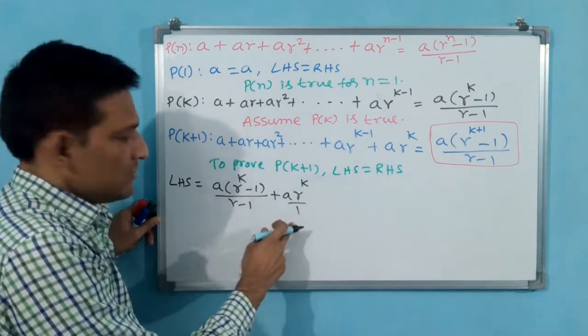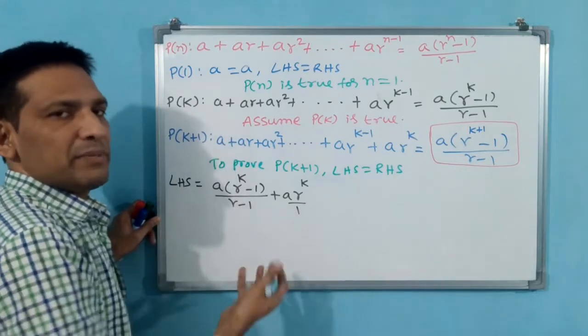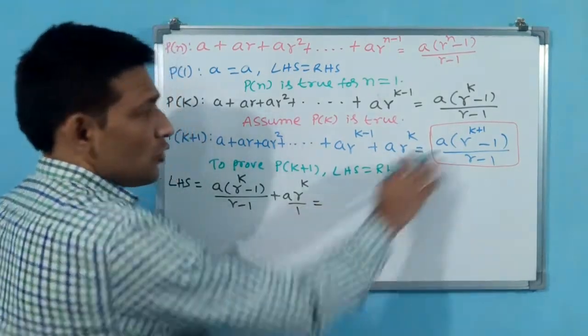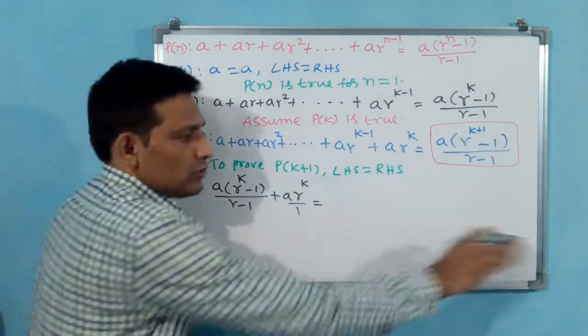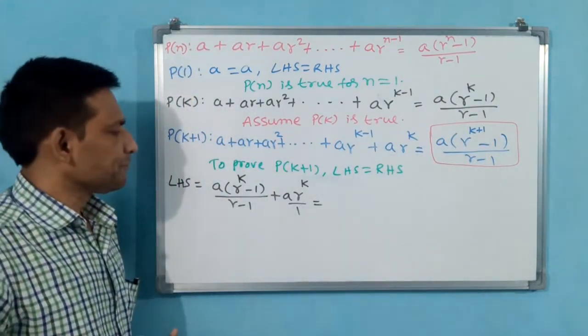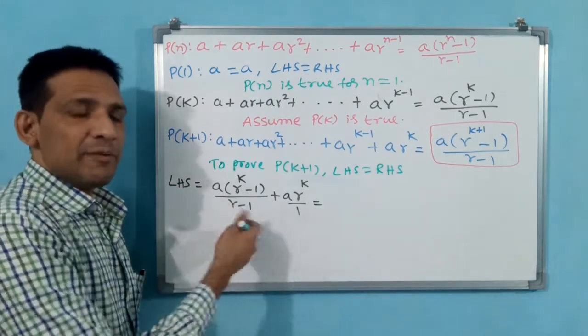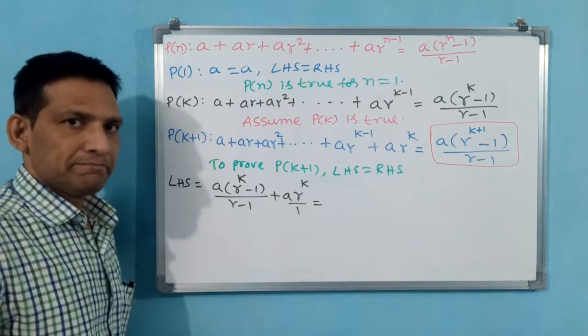Why have I written divided by 1? You take LCM or cross multiplication, you require this. Don't take RHS, you have to take LHS only, but you have to prove RHS. Cross multiplication simply, because 1 is there; LCM and cross multiplication are both the same.